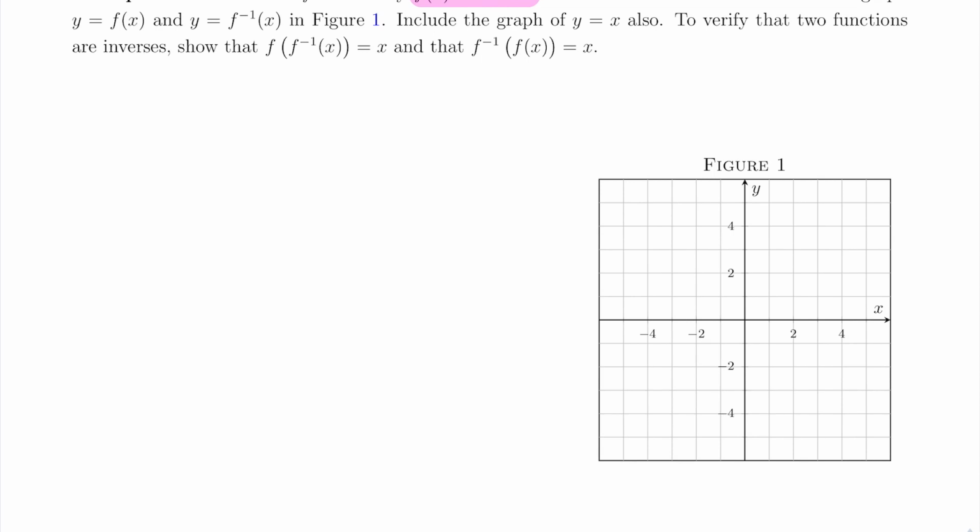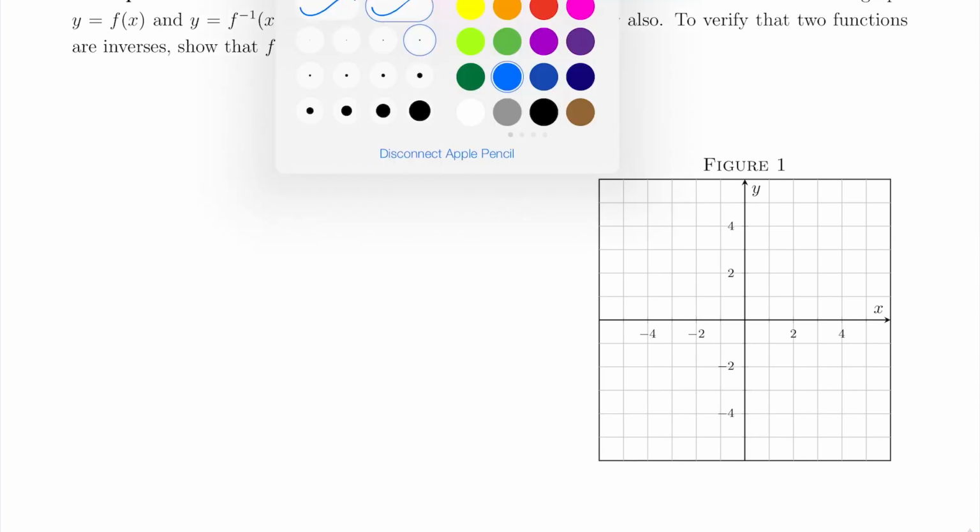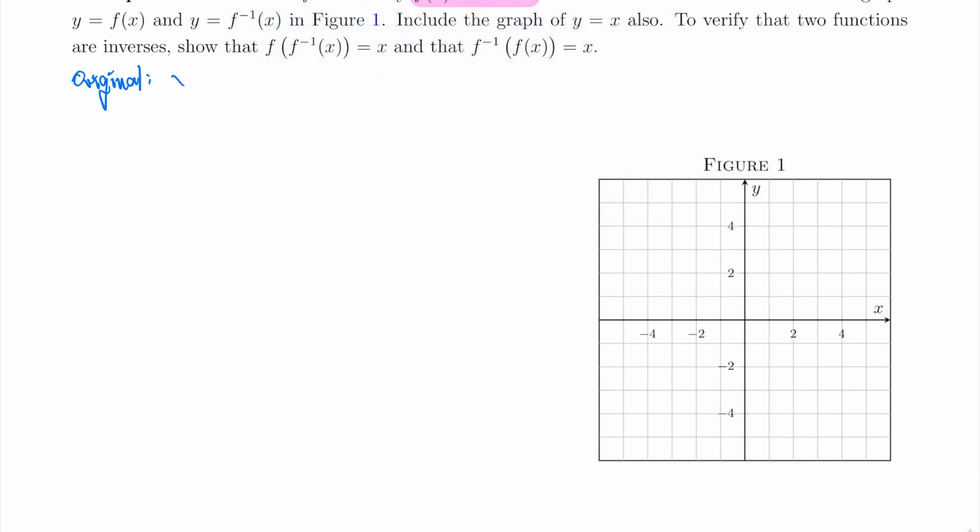So let's start by rewriting our original function as y equals, instead of f of x, since we know that we are dealing with function f, so we just write y equals 3x plus 2. And now the first step will always be, in order to find our inverse, to simply switch x and y.